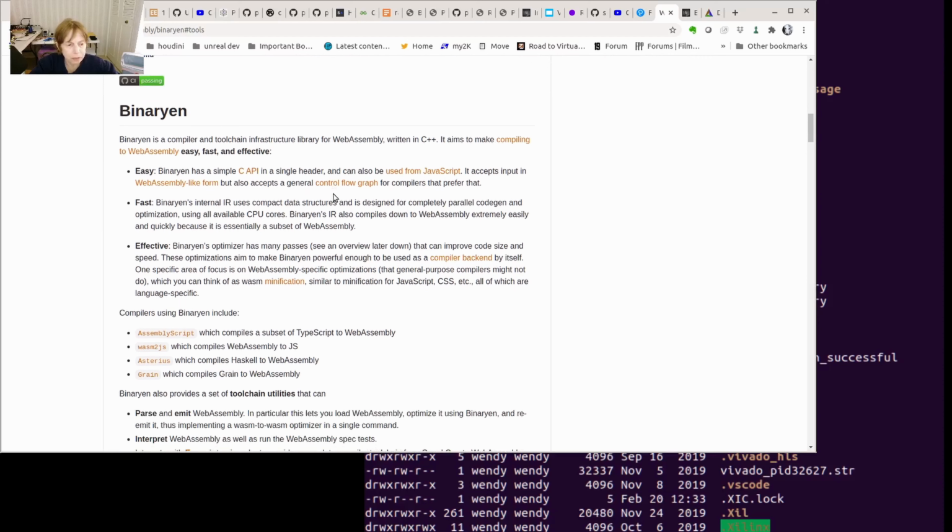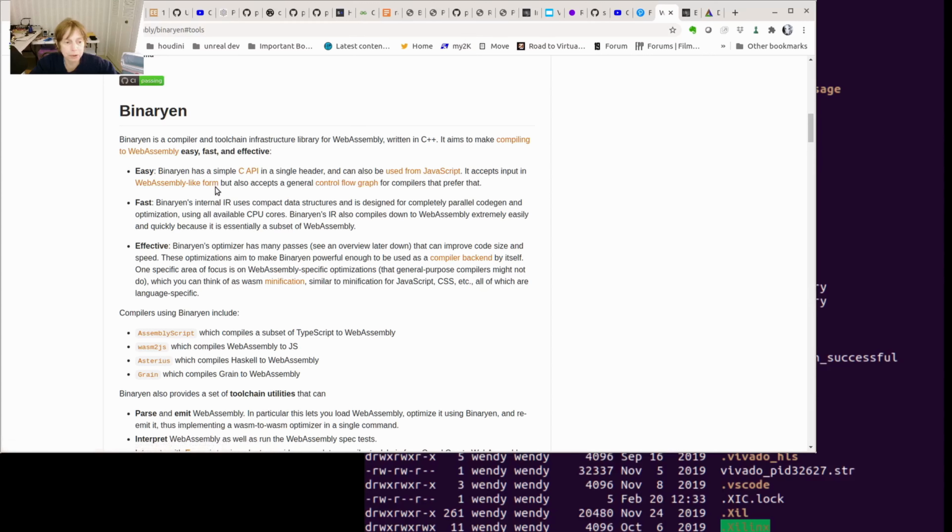Apparently the Parity Tech engineers have started using this in compiling ink.